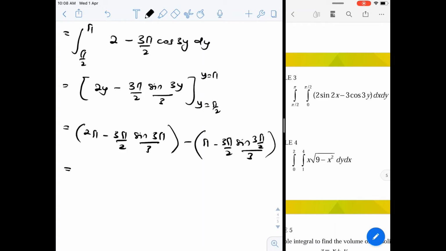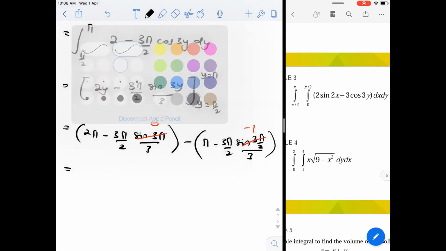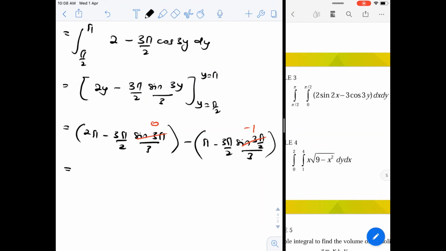So we will have, okay, sine 3 pi is 0, sine 3 pi over 2 is actually negative 1. Therefore, we will have 2 pi minus 0 minus pi, negative 3 pi over 2 times negative 1 over 3, like this.